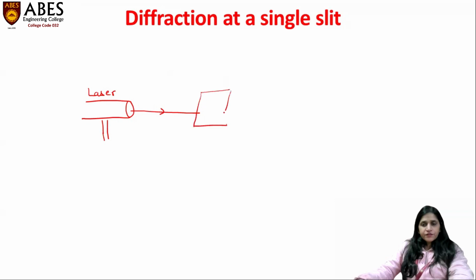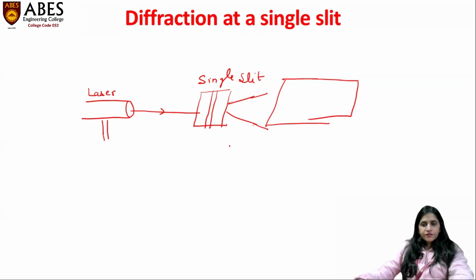It is incident on the single slit. Suppose this is a single slit. And then after we get the diffracted rays from this single slit, the diffraction pattern is observed on a screen.